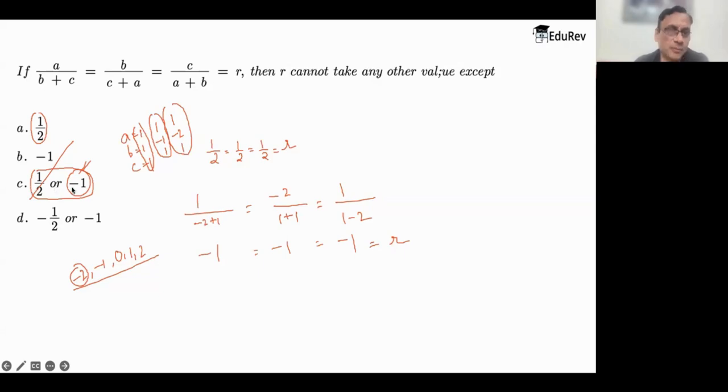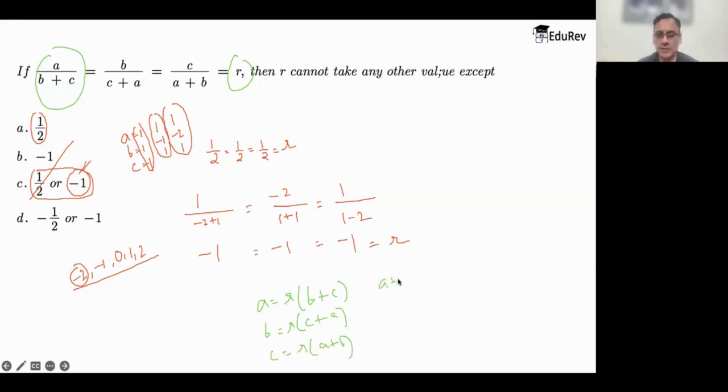If I solve this by the proper method, then this is equal to R. So A is equal to R times B plus C. B is equal to R times C plus A. C is equal to R times A plus B. Add everything.